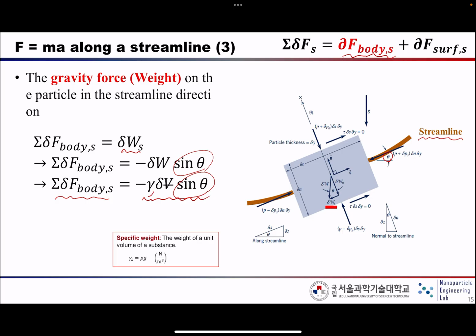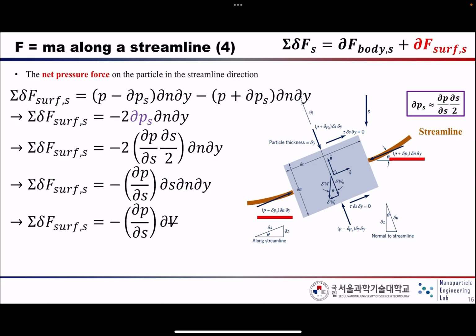Again, gamma represents the specific weight, which we talked about in chapter 2. For the last term, the surface force, we only use the pressure part. Using the Taylor series method, we can simply write the pressure term as partial p partial s divided by 2. Based on this, we can combine the forces.